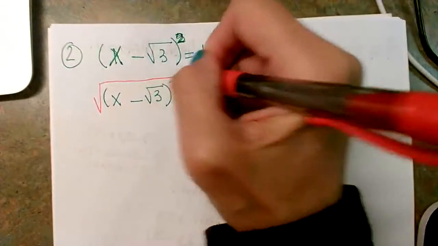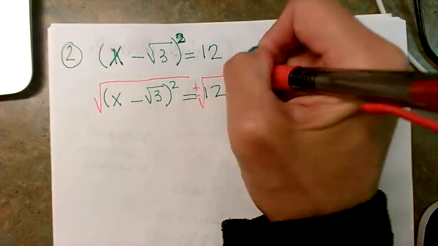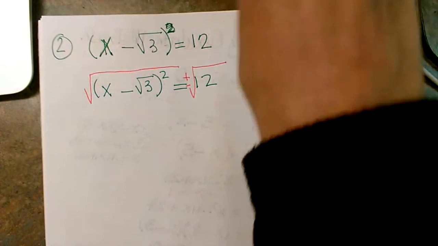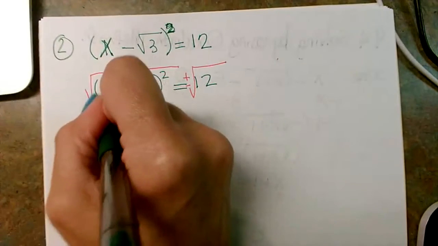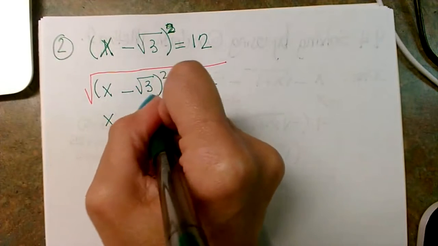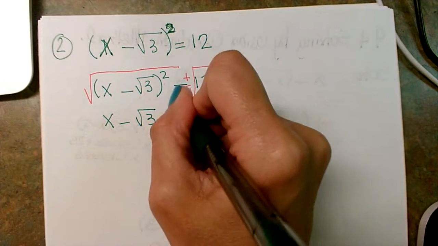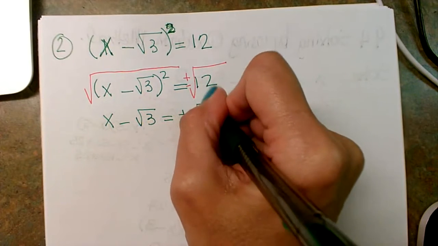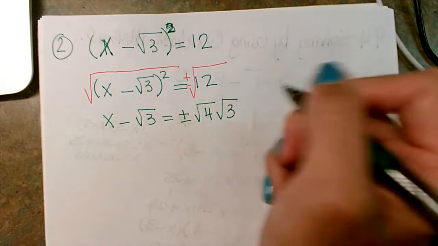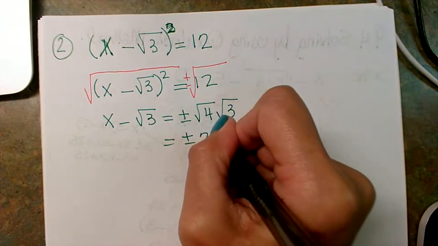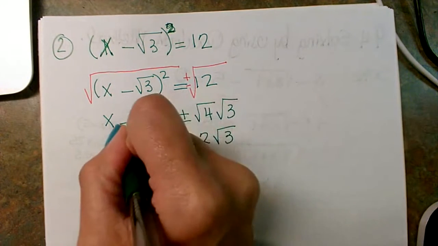Apply the square root property. So what do I get? I get x minus the square root of 3 equals to what? How do I divide the 12? It can be divided as the square root of 4 times the square root of 3. And this is going to be 2 square root of 3.